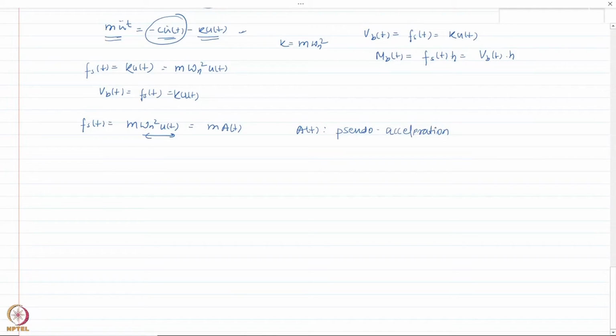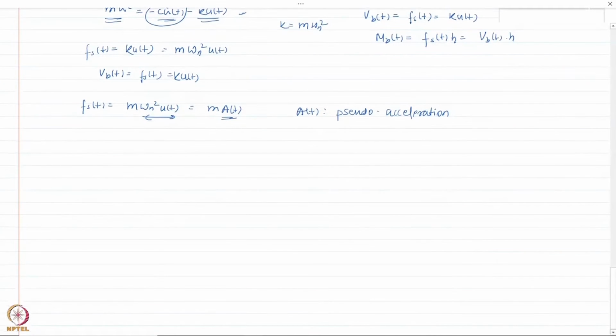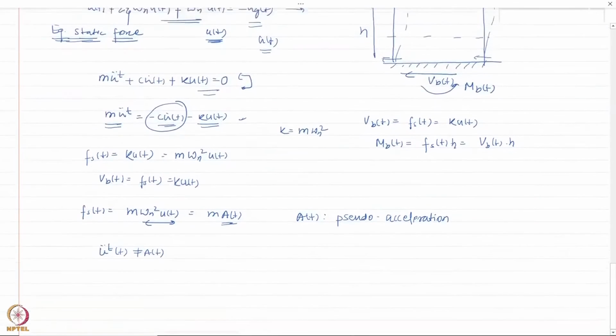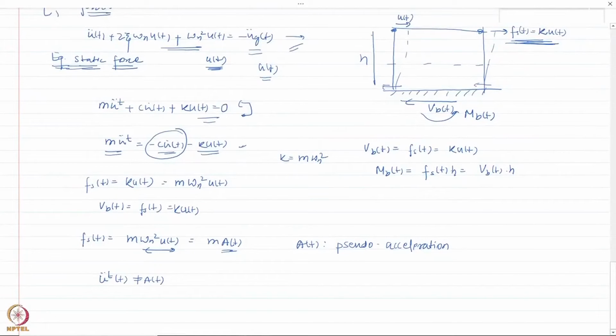Now this acceleration is actually not the actual acceleration of the system. It has units of acceleration, but remember the actual acceleration of the system is u double dot t of t, and this a of t is not equal to u double dot t of t. That is evident from the equation we have been considering.